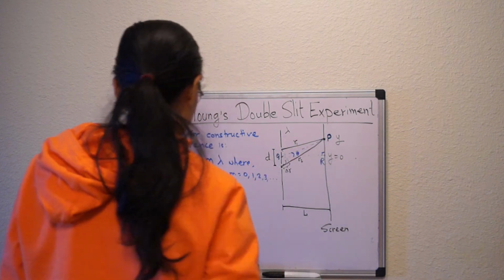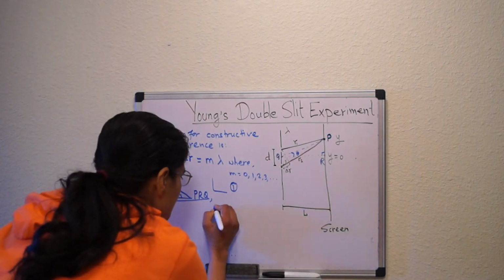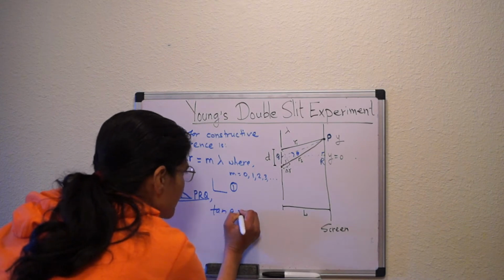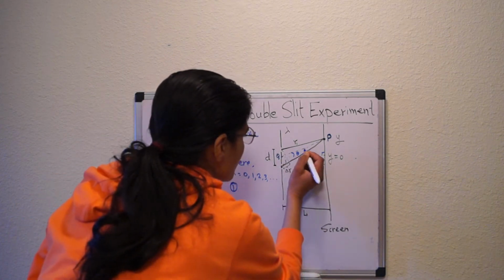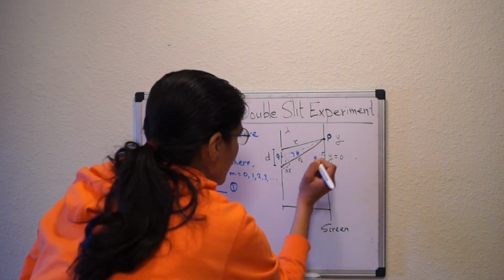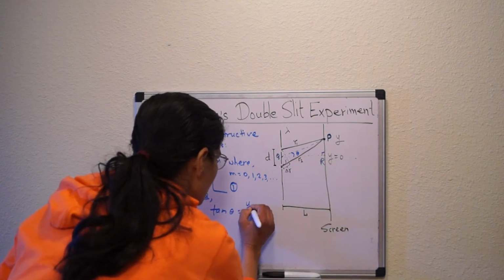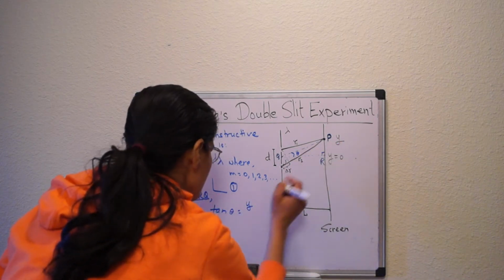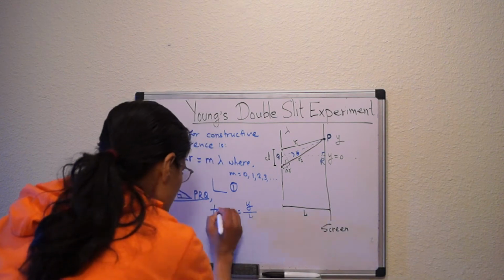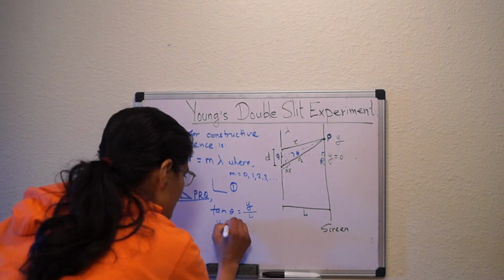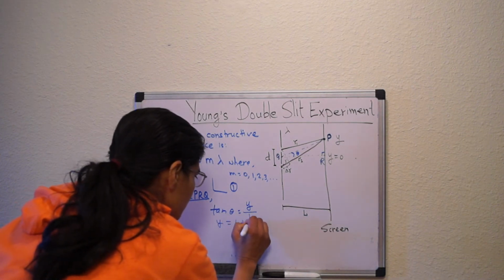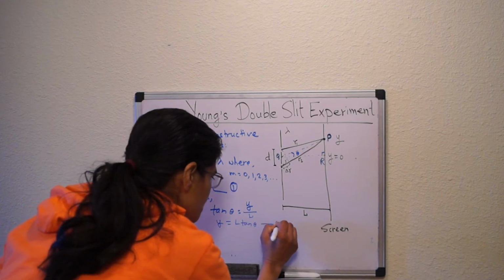Then we can use trigonometry: tan theta equal to what? Tan theta in this triangle is perpendicular by base, y by L. So we can rewrite this as y equal to L tan theta, equation 2.